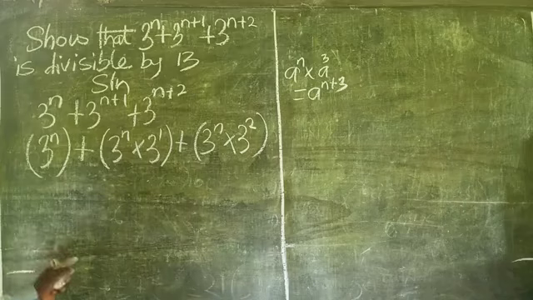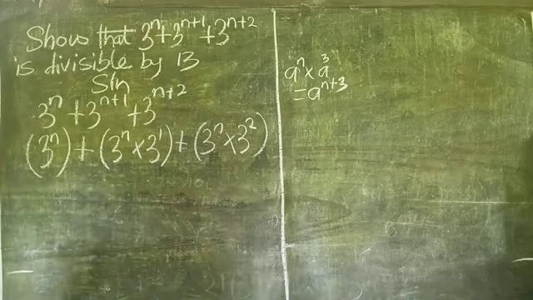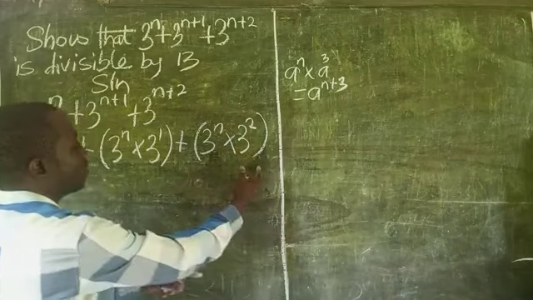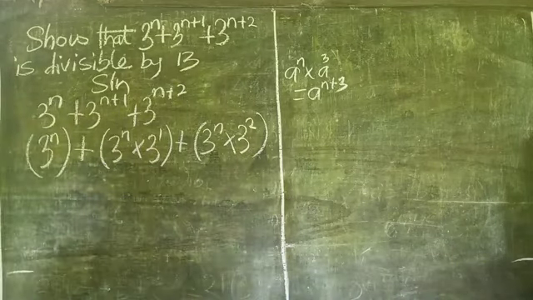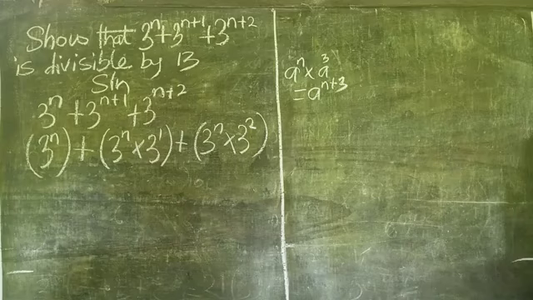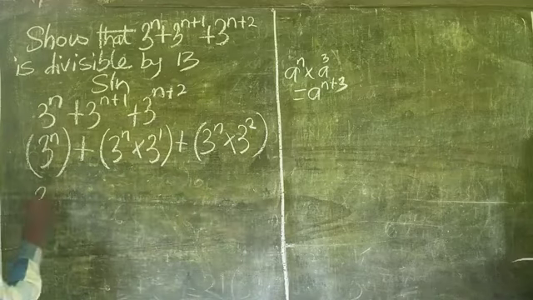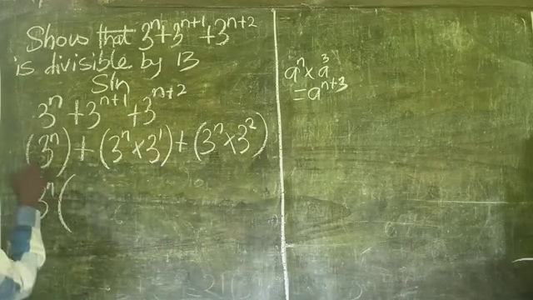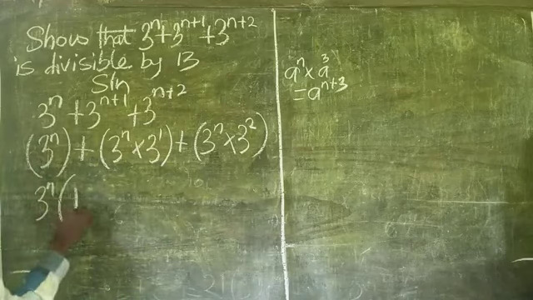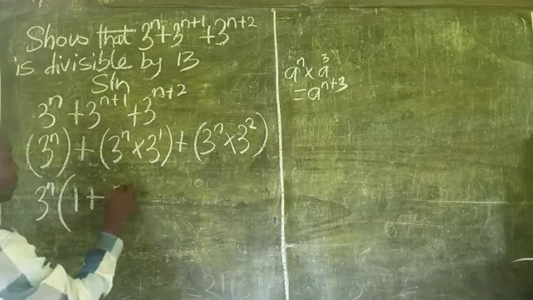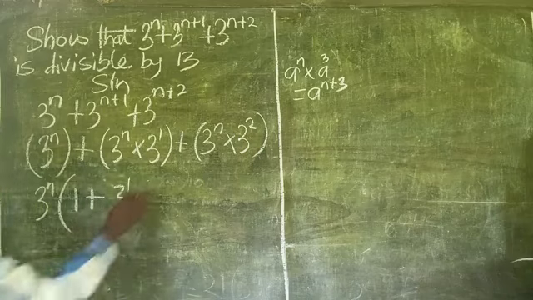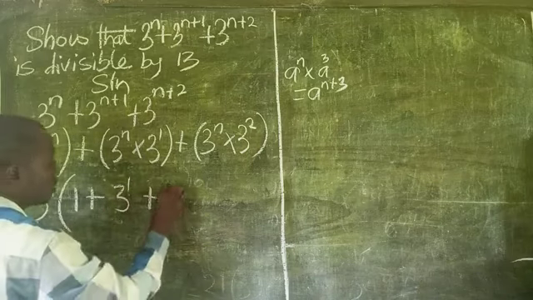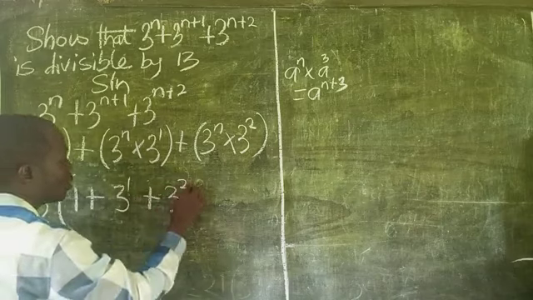Alright, why do we do this? We want to bring out 3 raised to power n from each of the terms. So after bringing that out, what will become of our equation? We take 3 raised to power n from here to be left with 1, plus 3 raised to power 1, plus 3 raised to power 2.